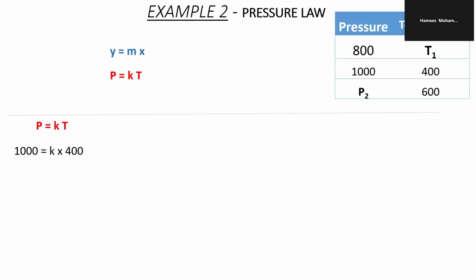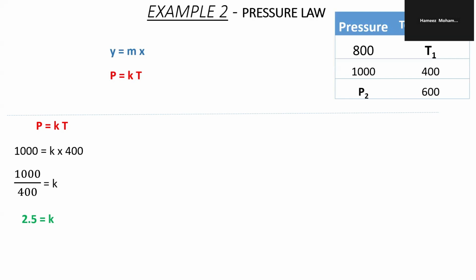So if we divide by 400 on both sides, then we get 1000 over 400 is equal to K times 400 over 400. And 400 over 400 is 1, so it'll give us 1K. So now 400 into 1000 is 2.5. So now we know the constant for this particular question.